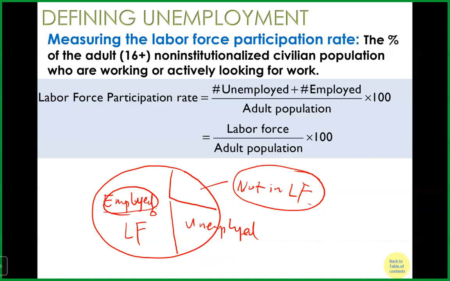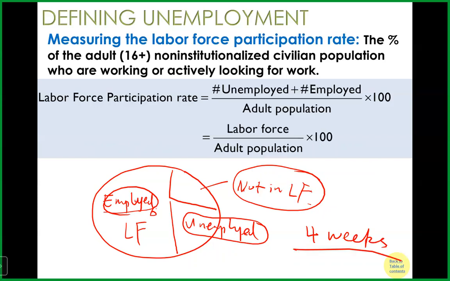But who is unemployed? Before you walk into the class, usually we say, okay, whoever doesn't have a job, but that's not enough. In order to be classified as unemployed, you don't have a job, that's for sure. But secondly, that's the key: not only do you not have a job, you want a job. How do we tell you want a job? That just means you have been actively looking for a job in the past 4 weeks.